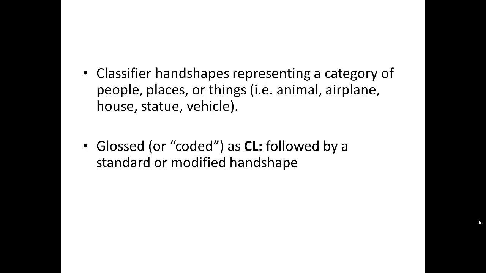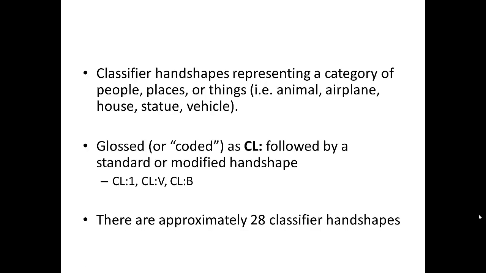Classifiers are glossed or coded if you write it out as a CL, and then that's followed by what the hand shape is. For example, classifier 1, classifier V, classifier B. And there are approximately 28 hand shapes that are used as classifiers.